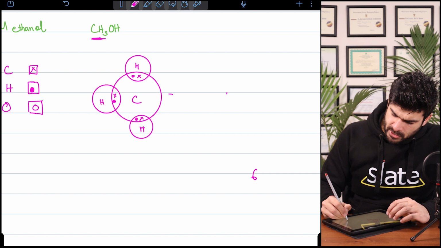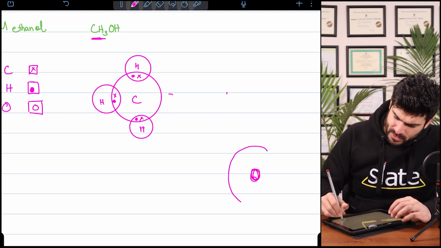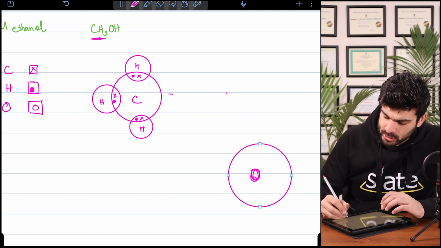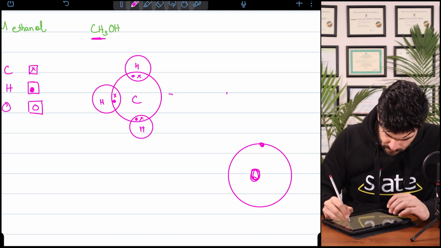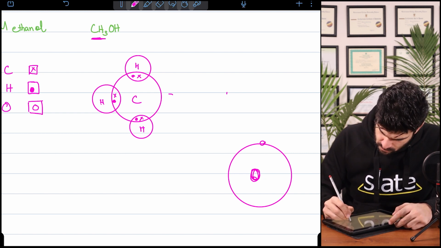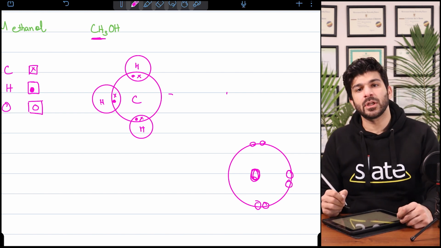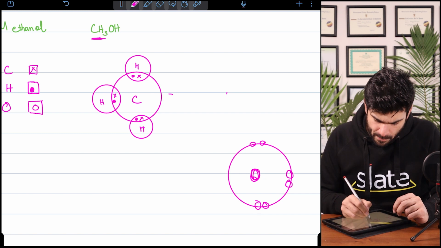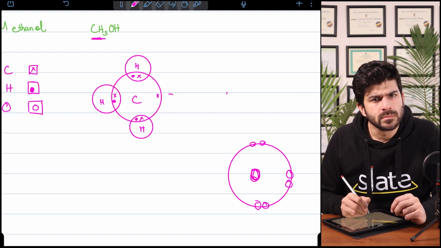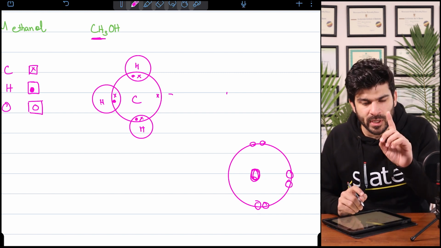Let's make an oxygen first. Oxygen is in group 6, hence 6 electrons in the outermost shell. How many does an oxygen need? 2 electrons. But carbon can only give 1 because it is only left with 1 electron.